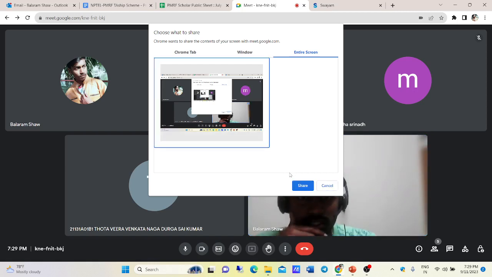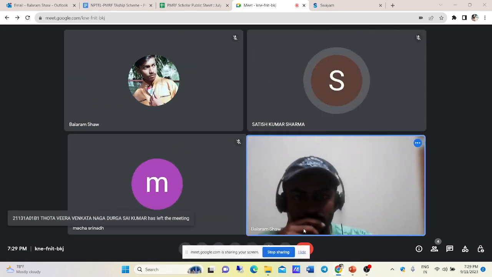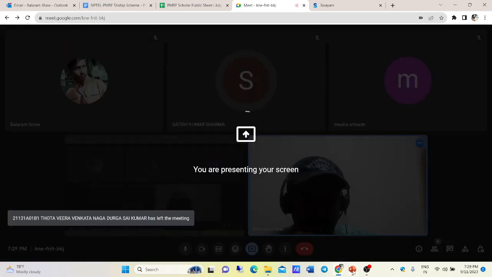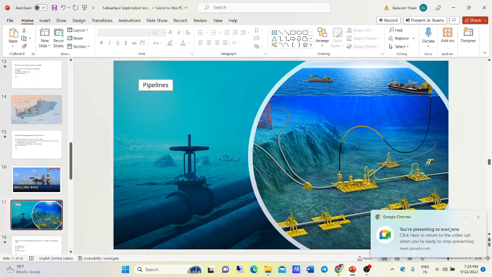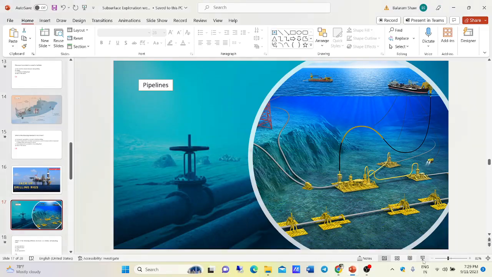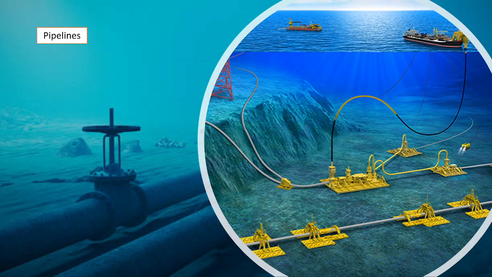Questions you wanted? Okay. See in this picture what I was saying, in the seabed also there can be several elevation differences. So for that also, how the pipe should be laid should be taken into consideration.